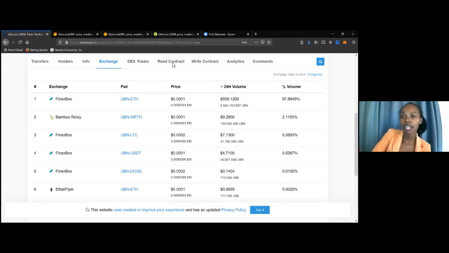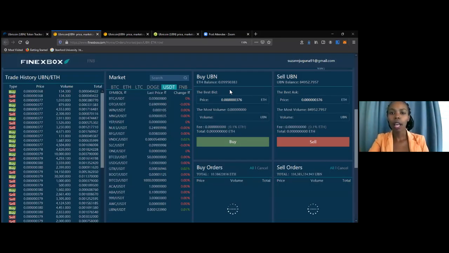So just check on cancel, maybe you will see it there, because this is a two-way thing. If I want to buy my UBNs, it reduces the amount of ETH and adds the amount of UBN. So if at all it has reduced the amount of ETH, it means that you already have your UBNs, or the UBNs are in an order.